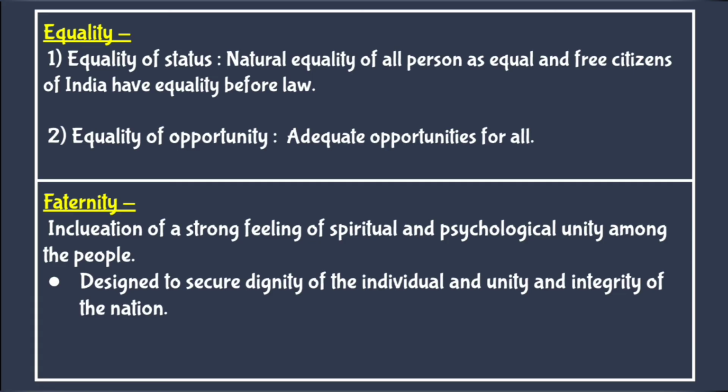So there will not be a differentiated mindset among people, everyone is united. Everyone's mindset should have the thinking that we are the Indians and we have a common thought, and there will be a strong feeling of unity among everyone. So this is designed to secure the dignity of the individual and the unity and integrity of the nation. If all the people unite, the country will develop that much more. These are the 4 key objectives of the Indian state.